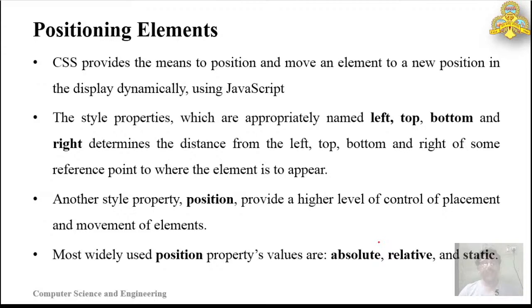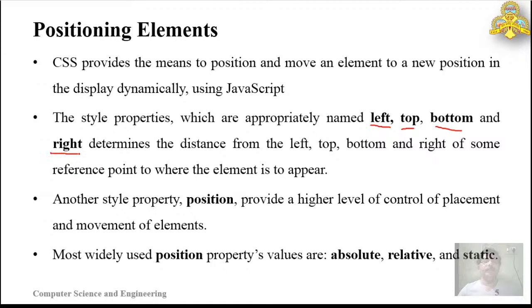To position the elements, we need to use, at the initial point, CSS, cascaded style sheets. For that, every element has an object, the style object, which we will simply call style sheet, and in that we will modify the left, top, bottom and right.